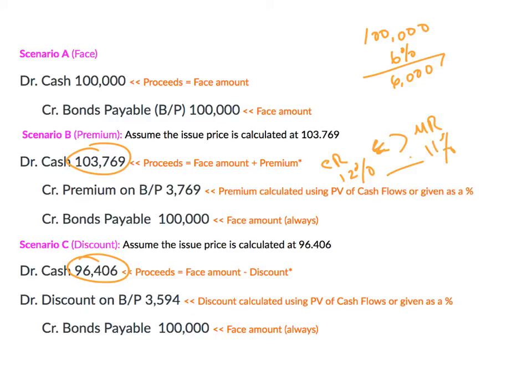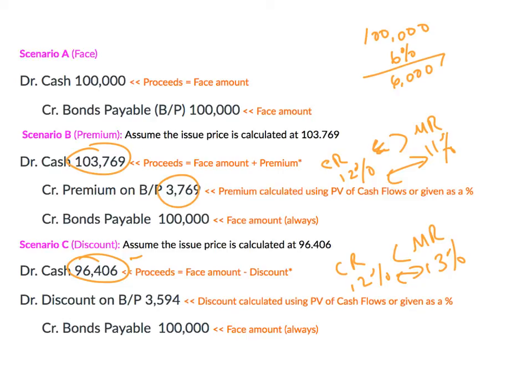We have to figure out how much we have to reduce that by, and we already know it's this amount, but I'll show you how we came up with it. The similar situation for discount is, contract rate 12%. In this case, that's less than the market rate of 13%. So we have to somehow make up for that differential, and that again would be this. And I'll show you that one.